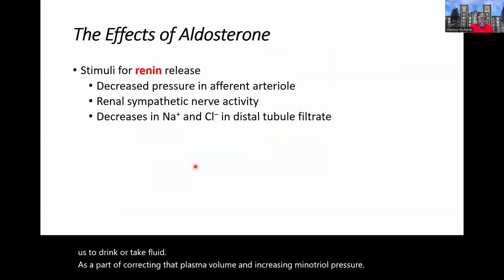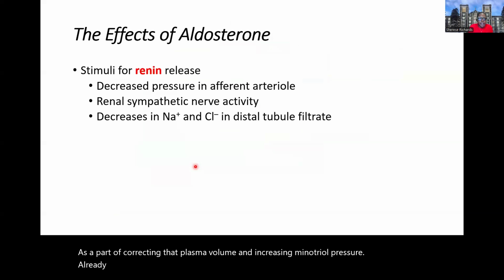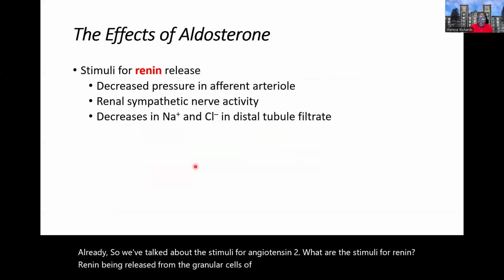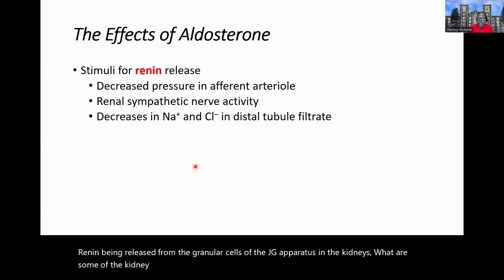Alrighty. So we've talked about the stimuli for angiotensin 2. What are the stimuli for renin? Renin being released from the granular cells of the JG apparatus in the kidneys. What are some of the kidney responses that will stimulate renin release? So that would be a drop in the pressure in the afferent arterioles.